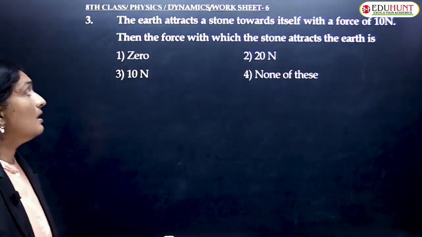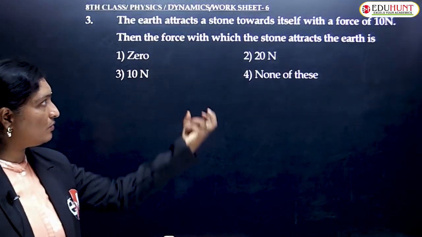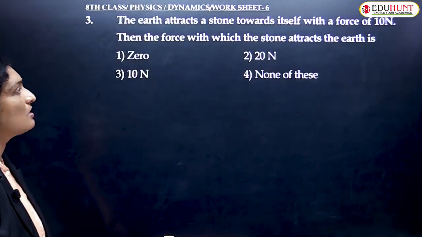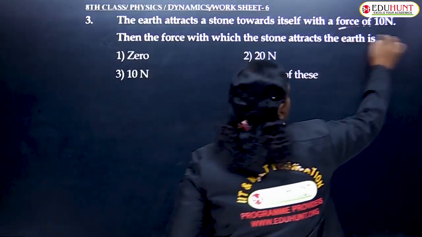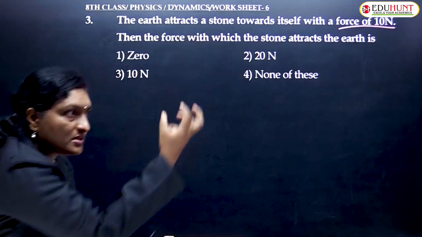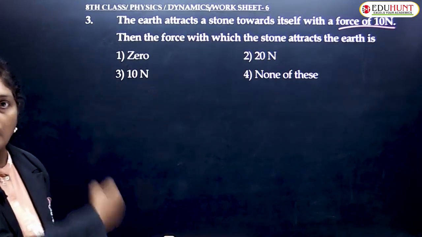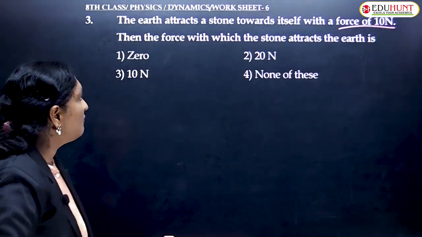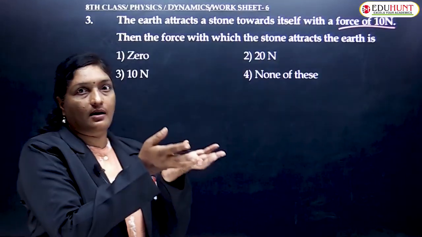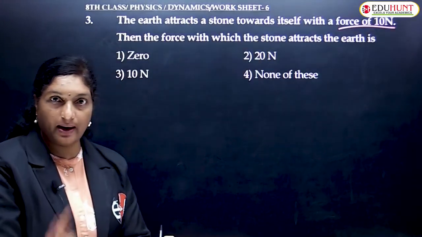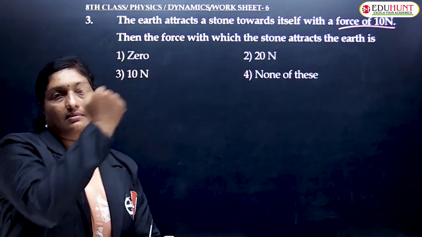Moving ahead: the earth attracts a stone towards itself with a force of 10 Newton. With the 10 Newton force, the earth is pulling down the stone. Then the force with which the stone attracts the earth is, if this happens to be the action part, then the other must be the reaction part.